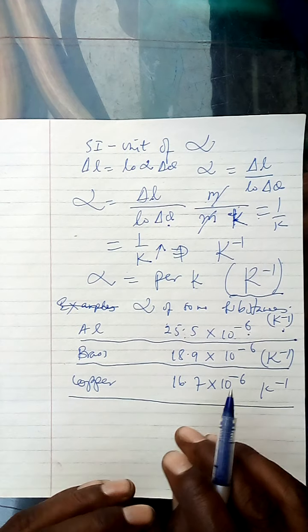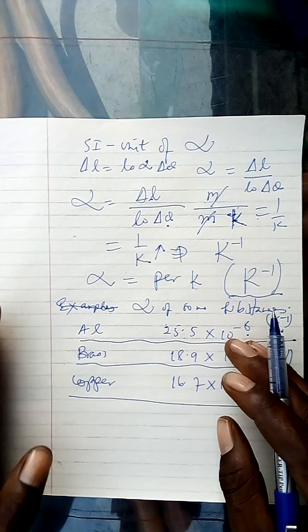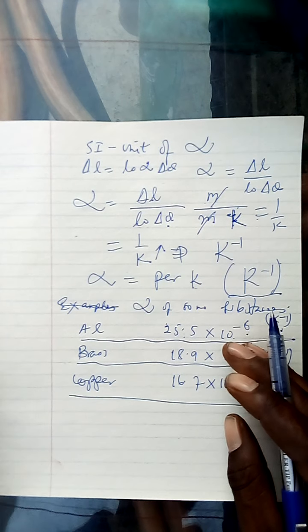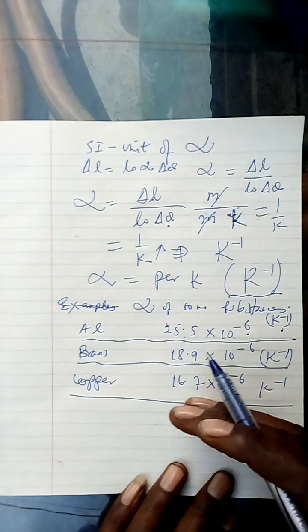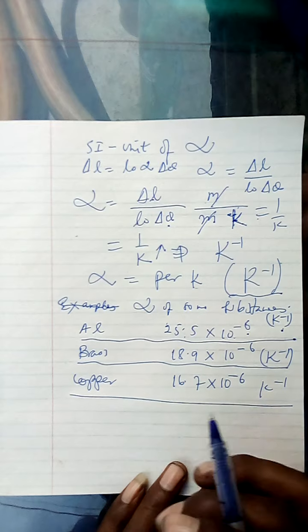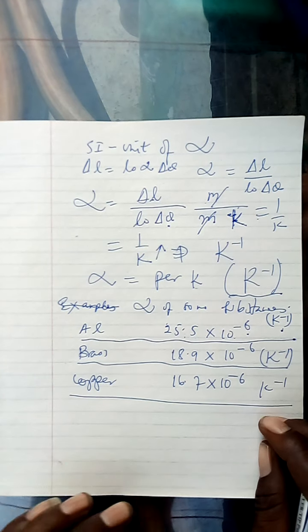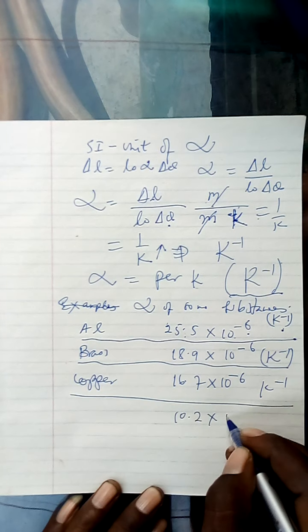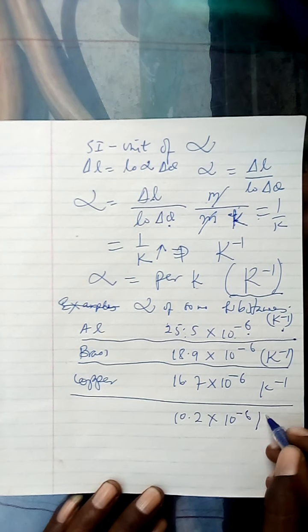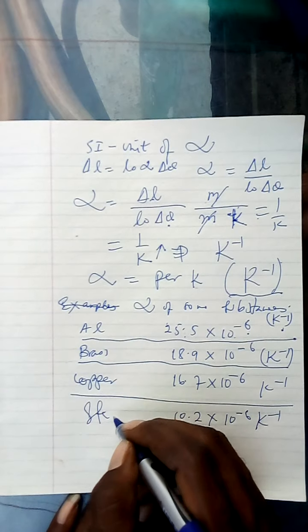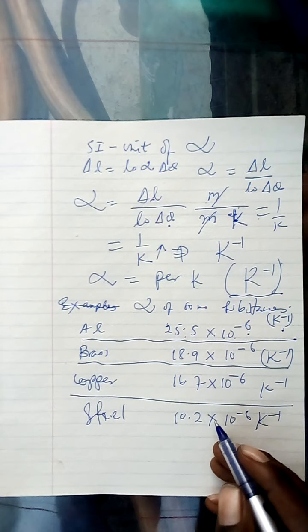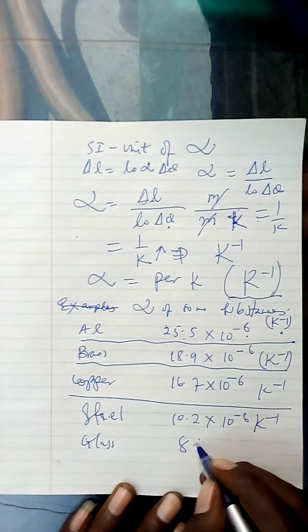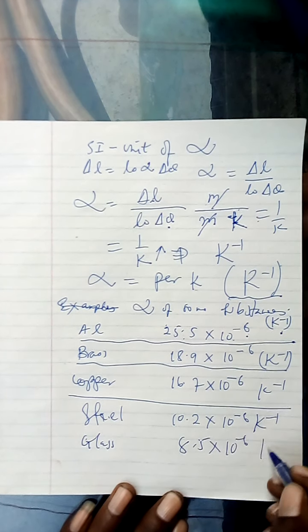It is something you may be asked to determine, but all in all it exists and it is constant, and you have to know how to determine it mathematically, but it was determined experimentally for every material. If you're talking about steel, that is 10.2 times 10 power negative 6 per Kelvin. For glass, it is 8.5 times 10 power negative 6 per Kelvin.